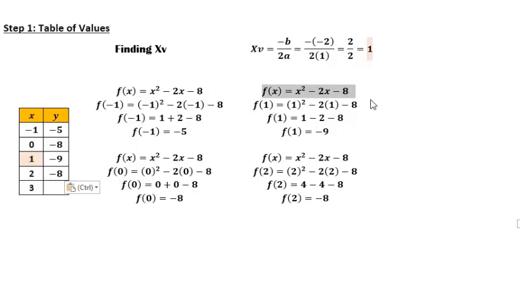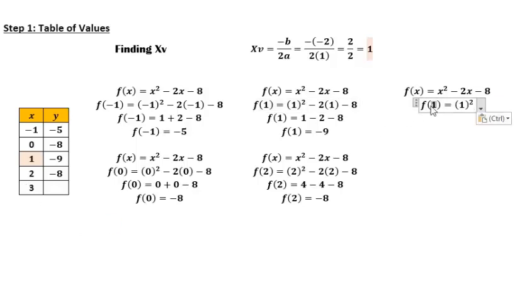And we are just missing the last one. We're going to change the x with number 3. So f of 3 is 3 squared minus 2 times 3 minus 8.